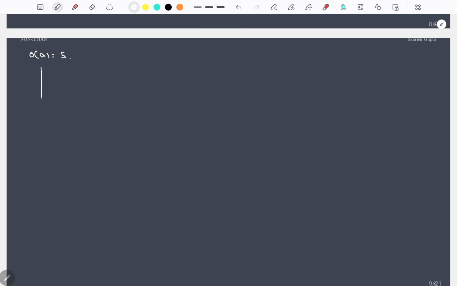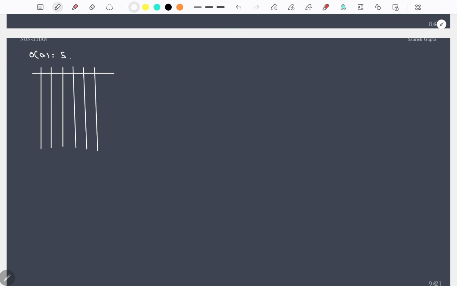So yeah, let us draw the Cayley table. If you do not know what a Cayley table is, then you will be readily able to understand it by what we are doing here. So we will take the 5 elements at the top, and then we'll take the 5 elements at the bottom.